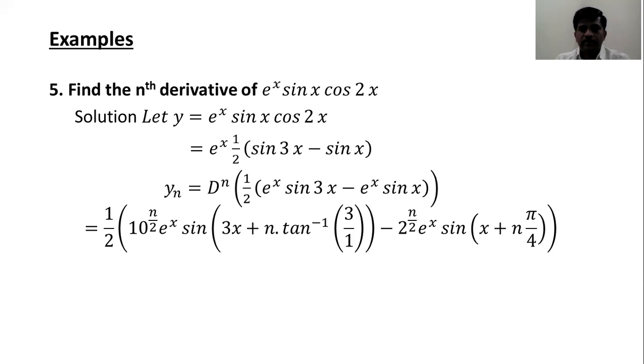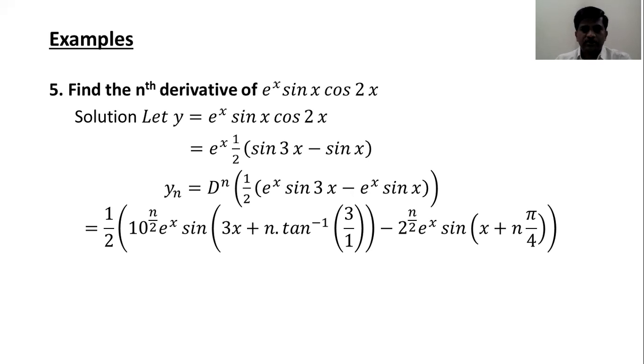So now you can multiply e power x with both the terms and then take the nth derivative on both sides. y n is equal to the nth derivative of 1 by 2 into (e power x into sin 3x minus e power x into sin x).